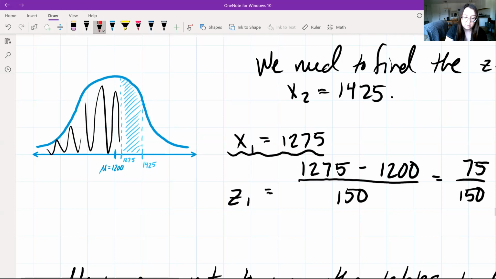Then 1425 represents, again, all the area to the left. And what we need is what's in between, which we drew as these blue lines here. So we'll need to take our greater value, which is going to be 1425 in this case, and subtract 1275, and what we're left with is the area in between.